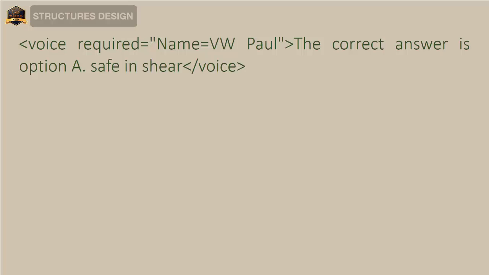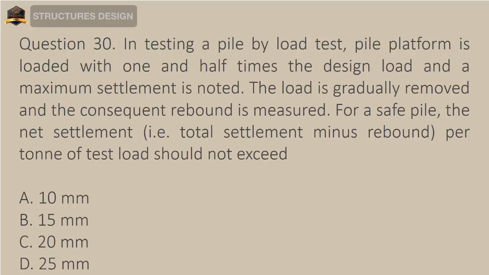Question 30. In testing a pile by load test, pile platform is loaded with 1.5 times the design load and a maximum settlement is noted. The load is gradually removed and the consequent rebound is measured.